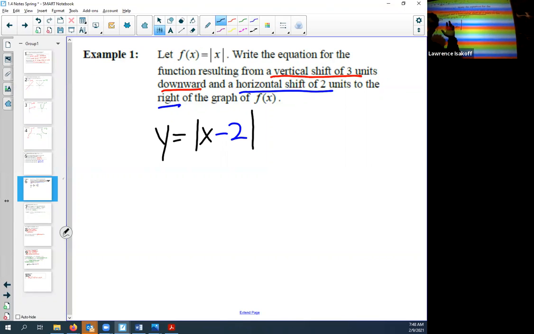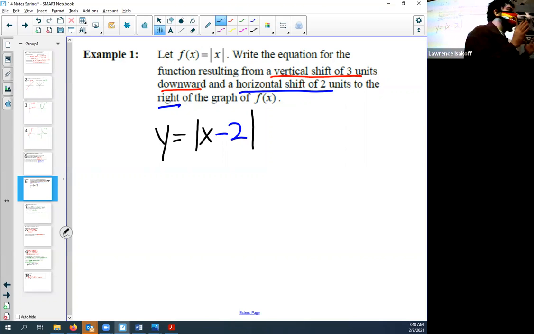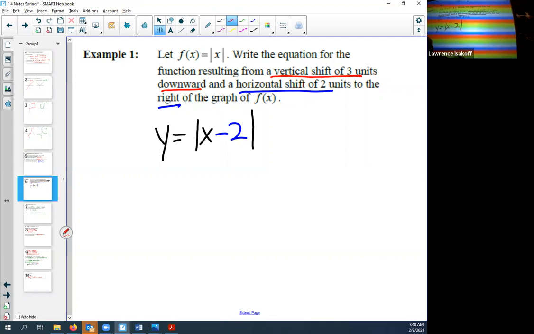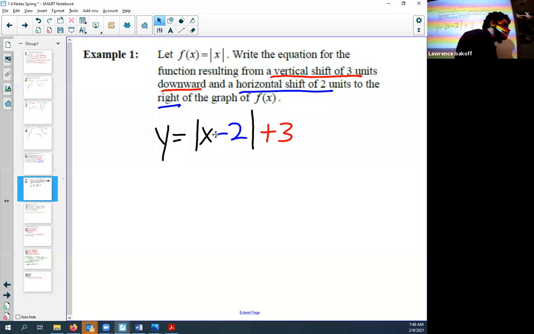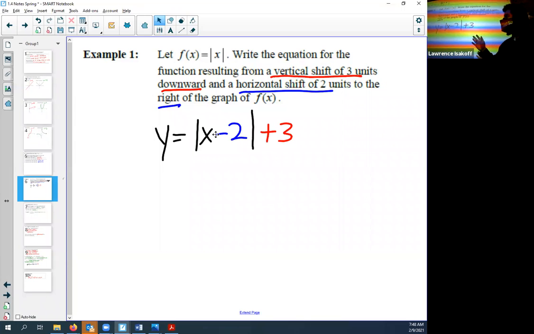Because it's inside the major part of our parent function, that's our left and right movement. If I change it to plus 3 here, that should move it up and down. So let's take a look at the parent function of the absolute value of x and compare it to this function.